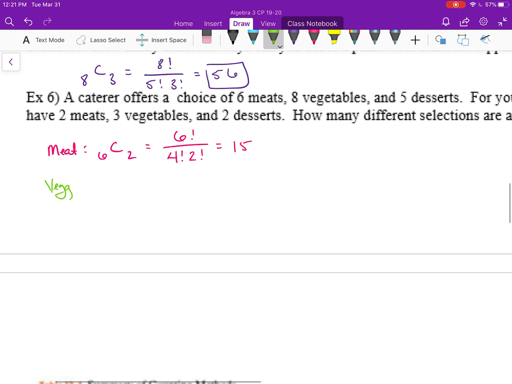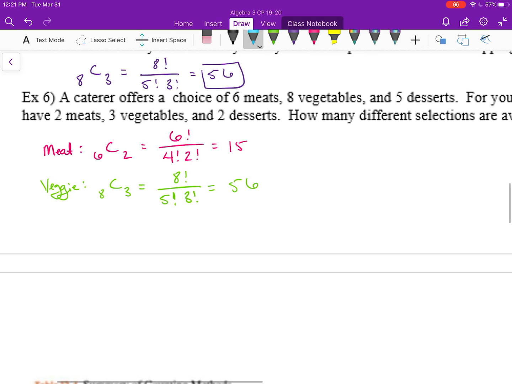All right, the next thing that comes out is the veggie menu. Okay, and for the veggie menu, again, you have 8 total vegetables to choose from, of which you're going to pick 3 of them. So we have this 8 factorial over 5 factorial, because again, it's 8 minus 3, 3 factorial, and that's going to give us 56 different options for the vegetables.